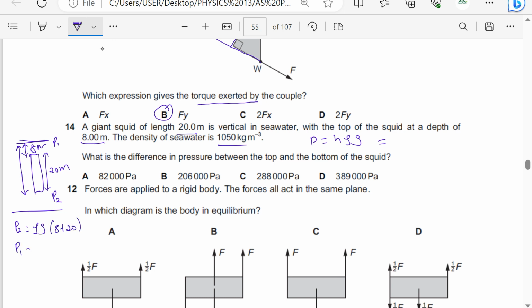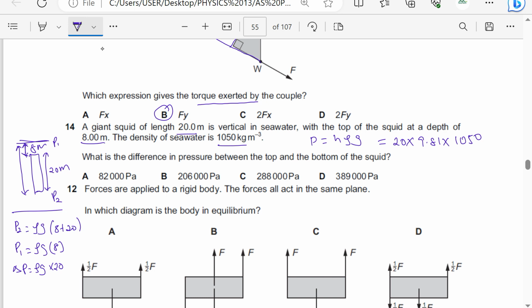P1 is at the top, which is density times g times the height H1, which is 8 meters. So the difference in pressure is density times g times the difference in heights, which is only 20.